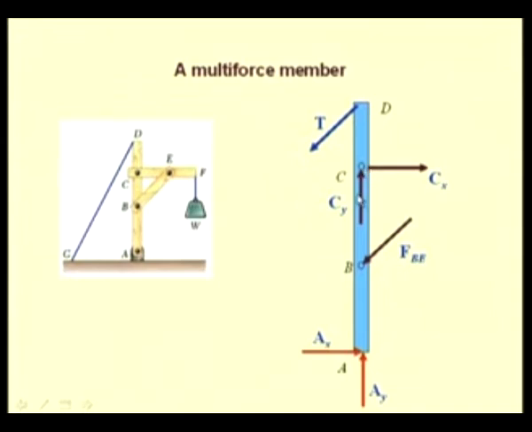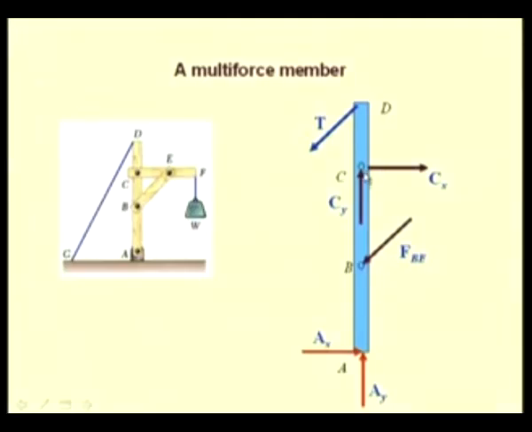At C, we have a pin connection and we do not know both the magnitude as well as the direction of the forces that act at C. So, we have both Cx and Cy, or in other words, we have a force at C which is unknown in magnitude as well as in direction.